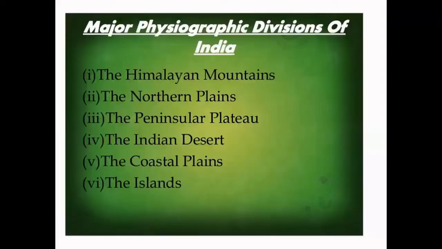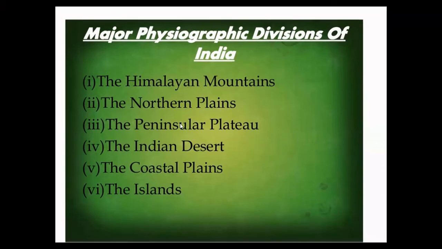So these are the six major physiographic divisions of India. Today we will learn only about the Himalayan mountains.